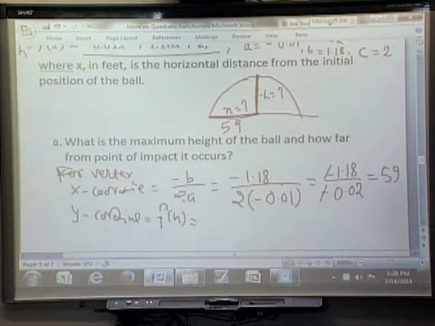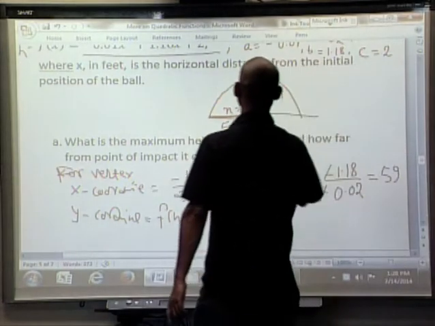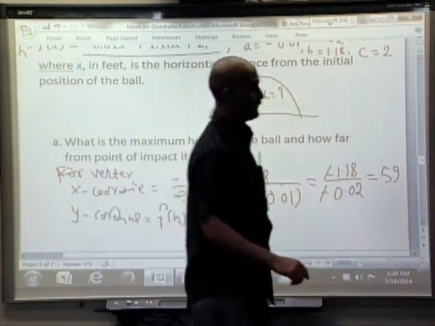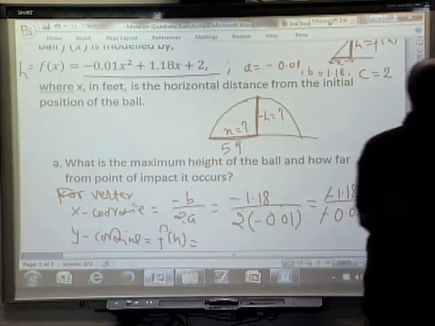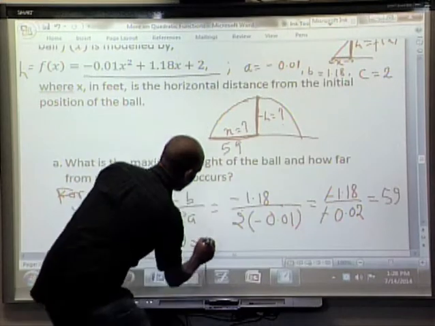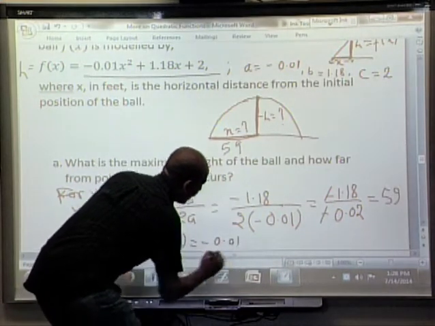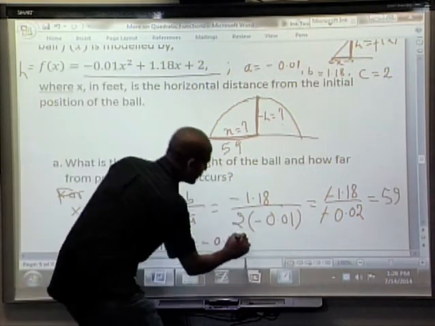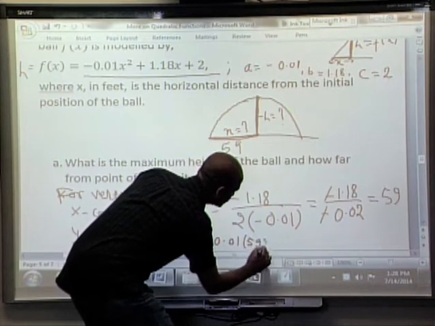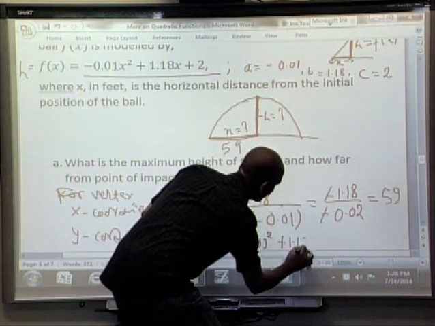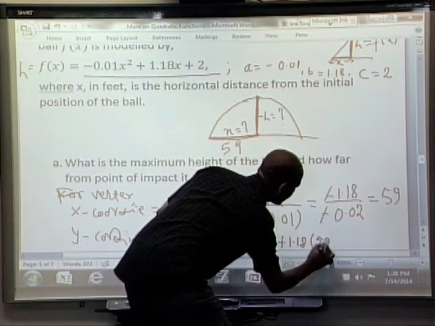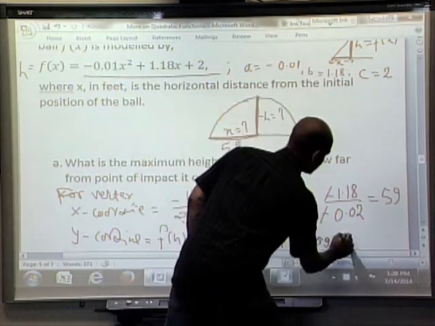So, let us see the formula and replace x by 59. The formula is negative 0.01 times 59 squared plus 1.18 times 59 plus 2.